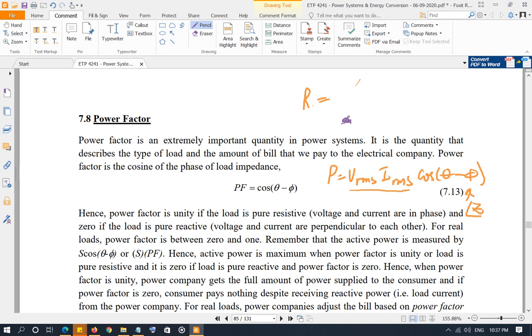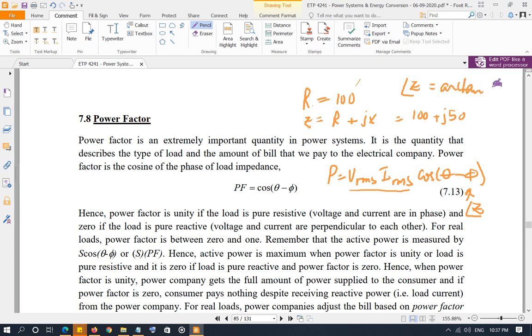Now observe, if your impedance is R plus jX, and let's say you have 100 plus j50 ohms, what is going to happen? What will be the phase angle? Your phase angle is the phase of the impedance. So what is the phase of the impedance?